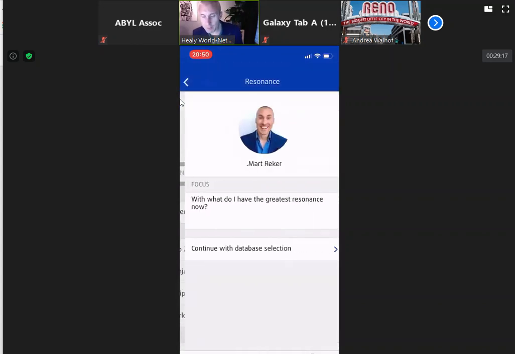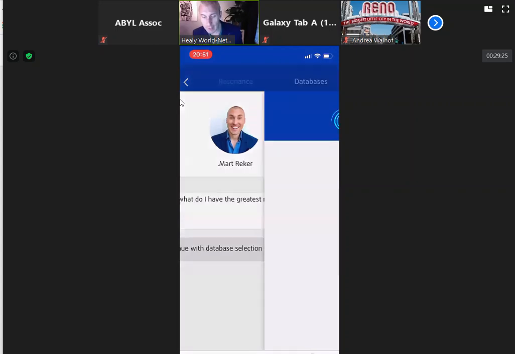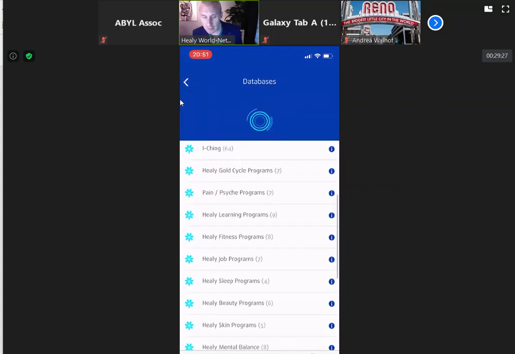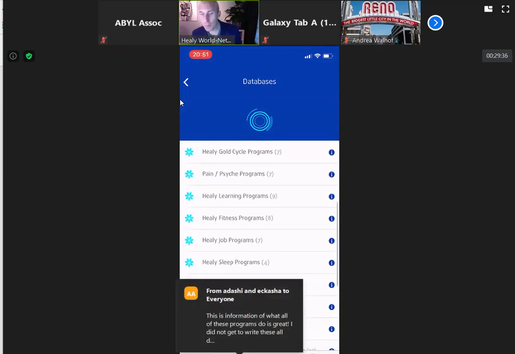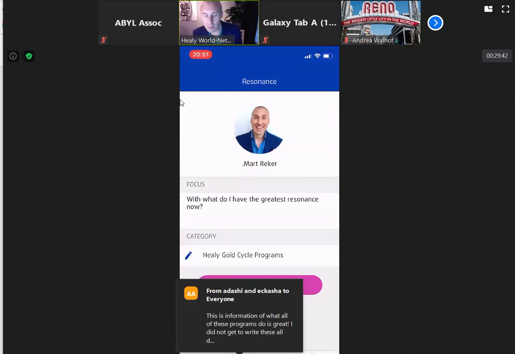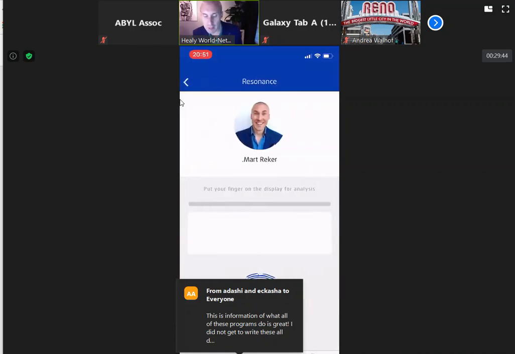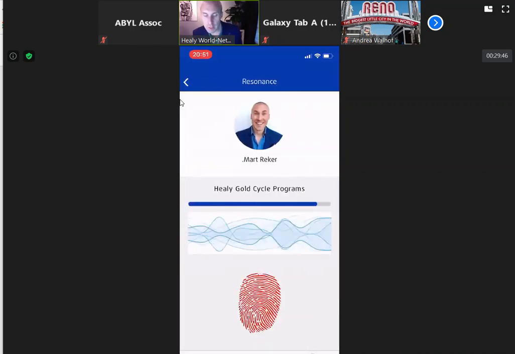For example, I put myself here and it asks, what do I have the greatest resonance with right now? Then I can go to the database and we have the gold cycle, the pain, psyche, learning, fitness, job, etc., etc. So if I want to know from the 7 gold cycle programs which one is the most important for me right now, I can do an analysis.